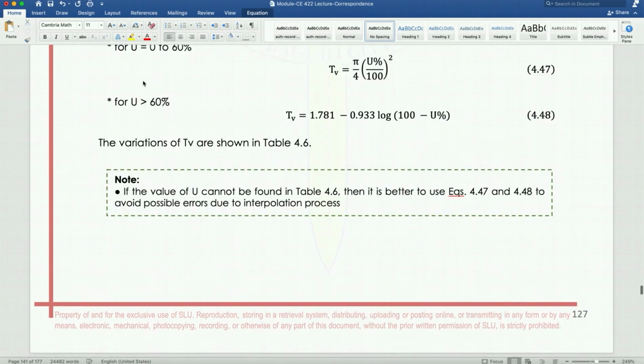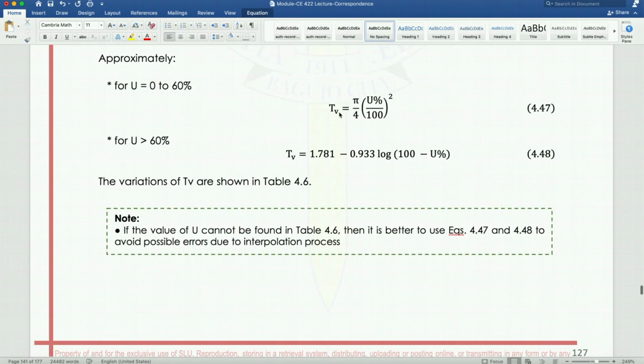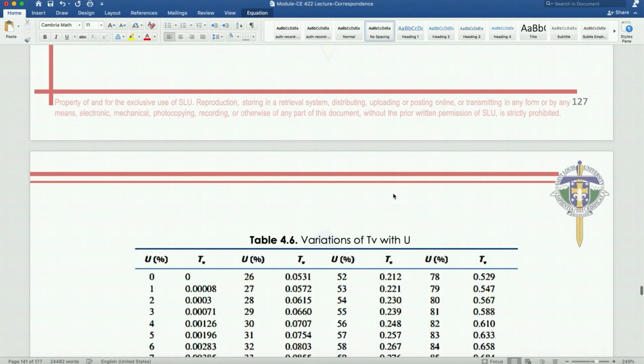So for U from 0 to 60%, this will be our T_v. But for greater than 60%, this will be our T_v. But our U is equivalent to 25, which is between 0 to 60. So this will be our T_v.